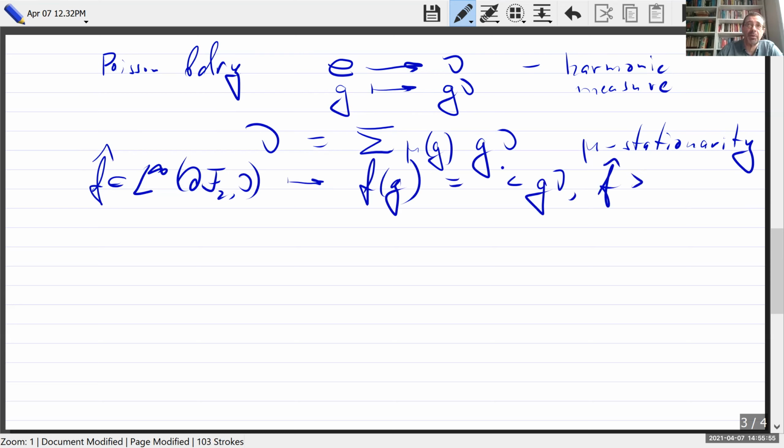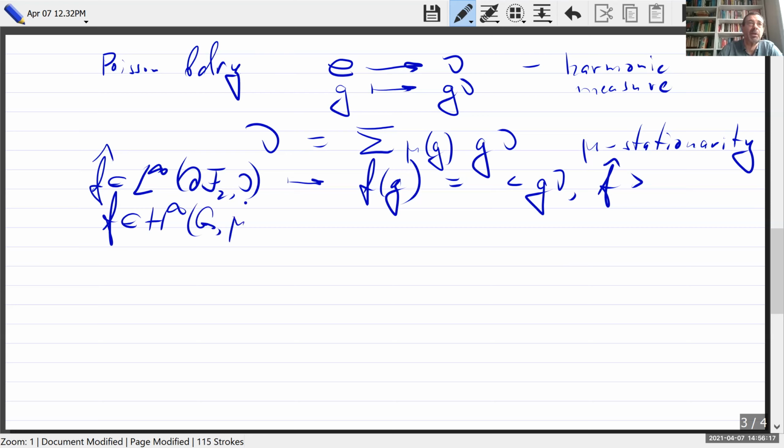And since the harmonic measures satisfy this stationarity property, it implies that the function f is what is called mu harmonic. And of course, it's bounded.